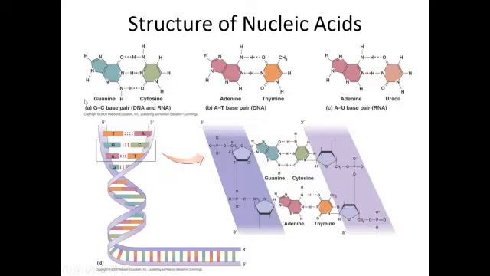As far as bonding goes, guanine always goes with cytosine, adenine goes with thymine in DNA, adenine goes with uracil in RNA. Now what do we mean by goes with? So remember that a nucleotide is composed of a sugar, a phosphate group, and a nitrogenous base.